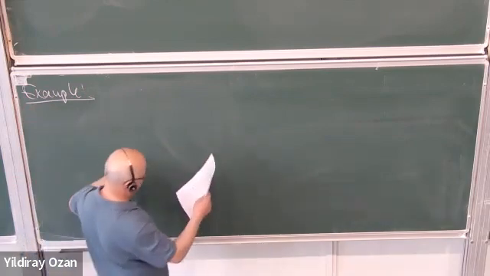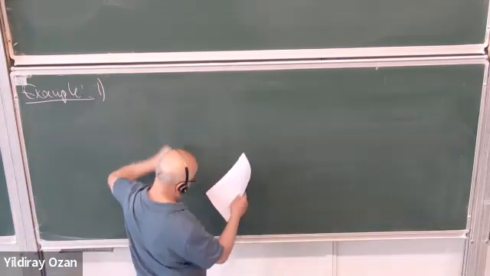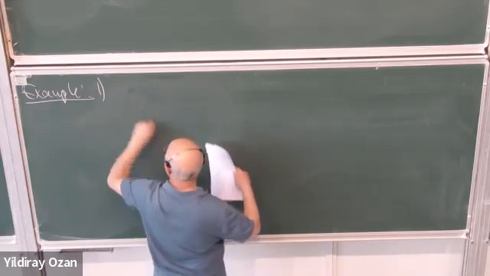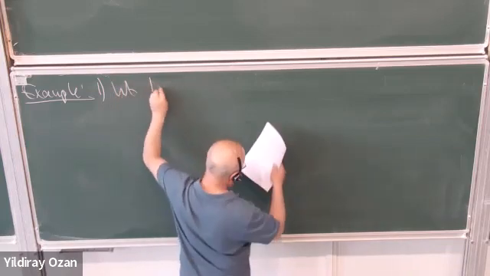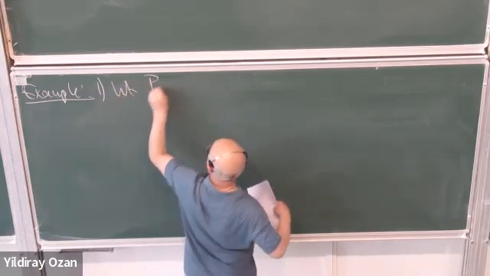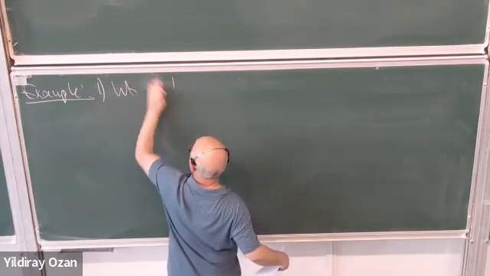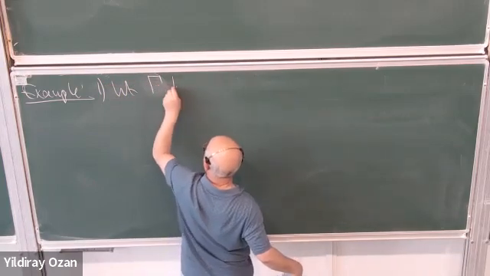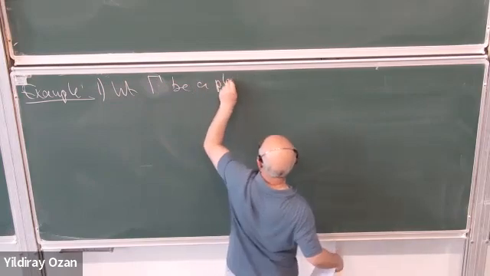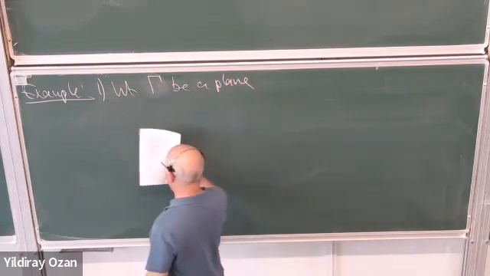Now let's see some examples. Let P, or let's say gamma, be a plane in R3.